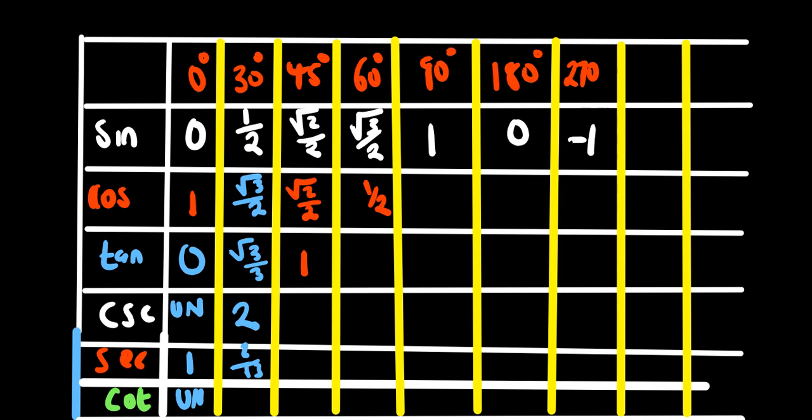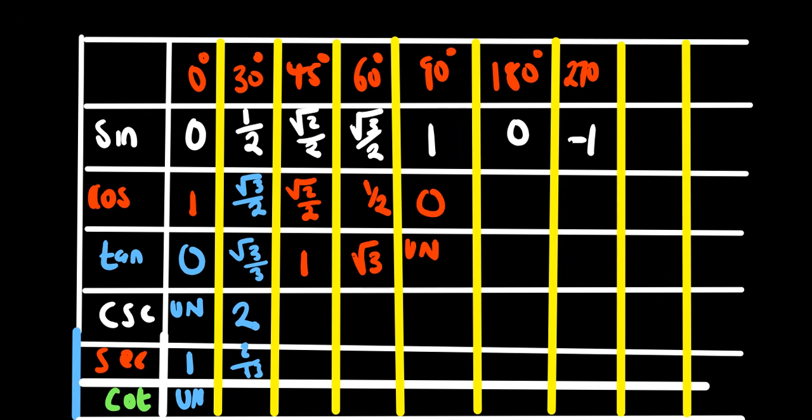Tan 60 will give you root 3. Then when you come to 90, cos 90 degrees is going to give you a 0. Then tan 90 degrees will be undefined. I'll write it as un.